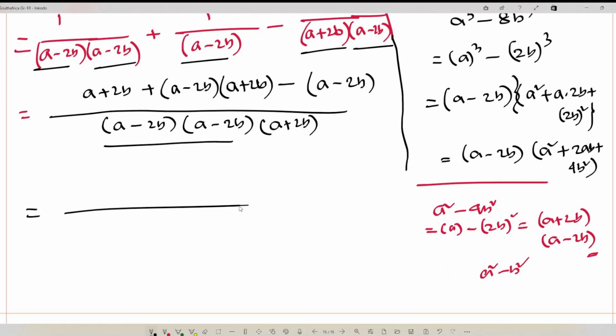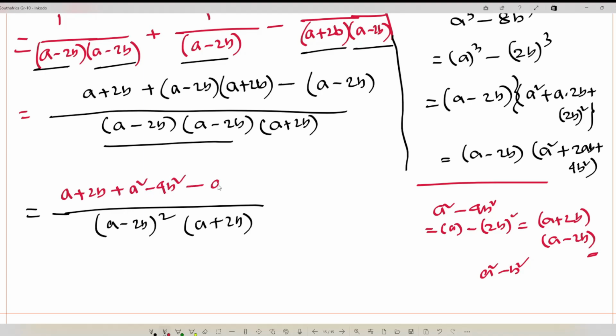Now look, this one we can write a minus 2b whole square and here is a plus 2b, and here is a plus 2b, then plus a square minus 4b square minus a plus 2b, right?